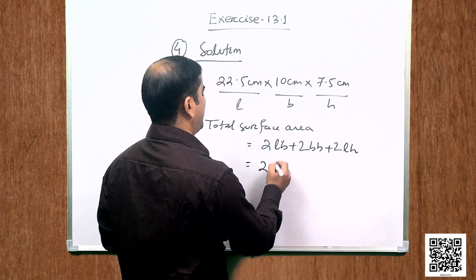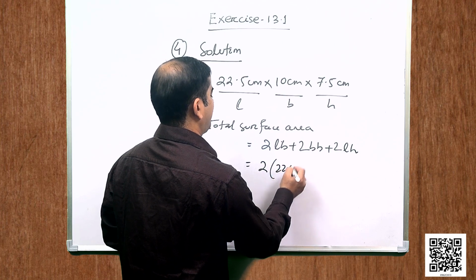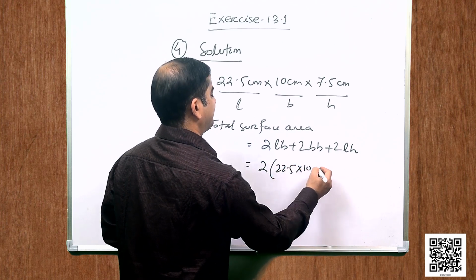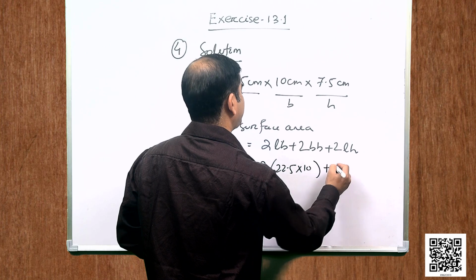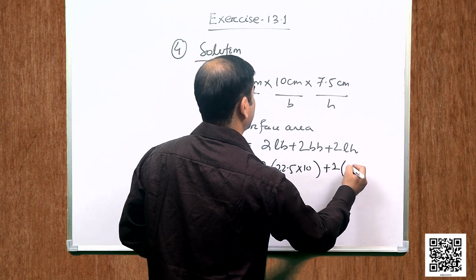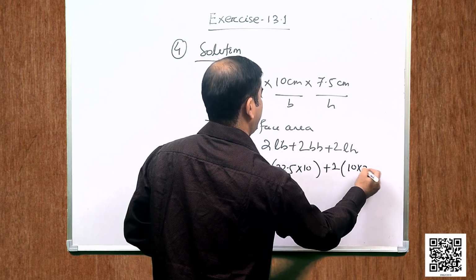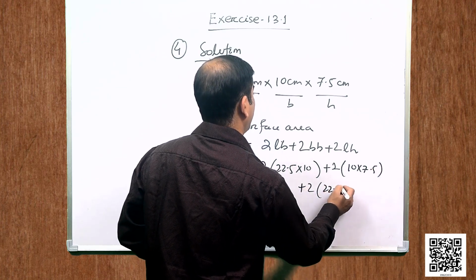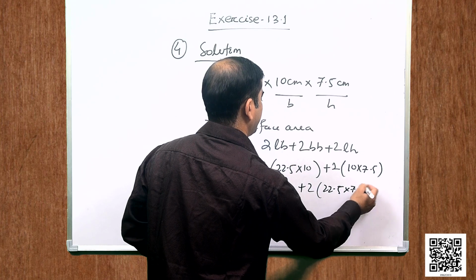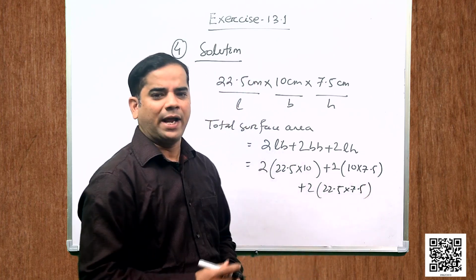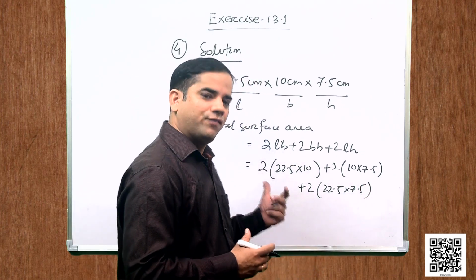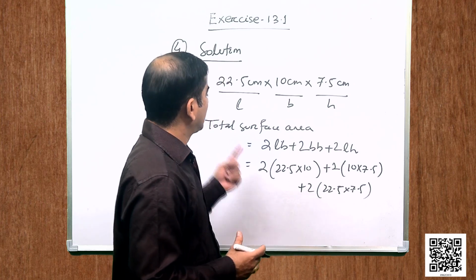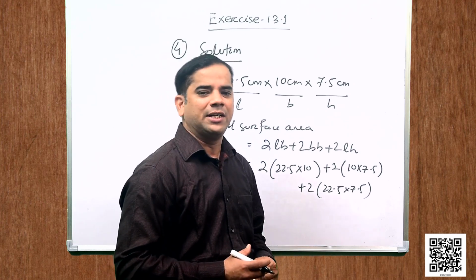That is 2 into 22.5 into 10, plus 2 into 10 into 7.5, plus 2 into 22.5 into 7.5. Now we need to calculate and find the total surface area of each brick.